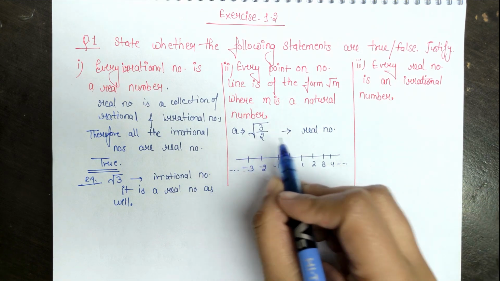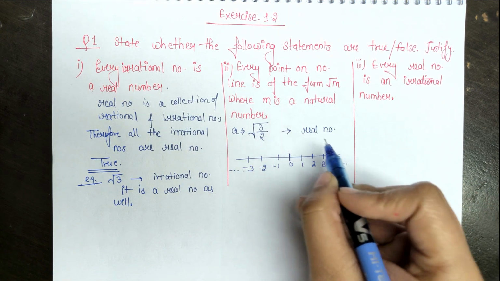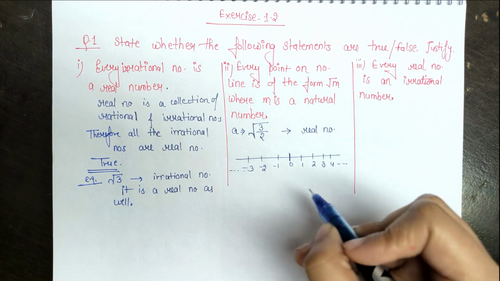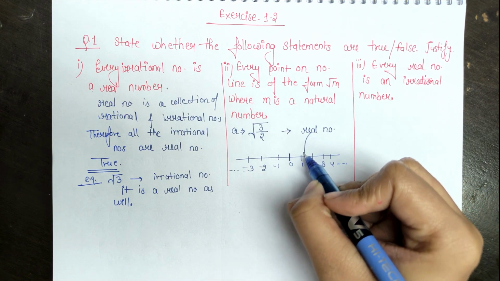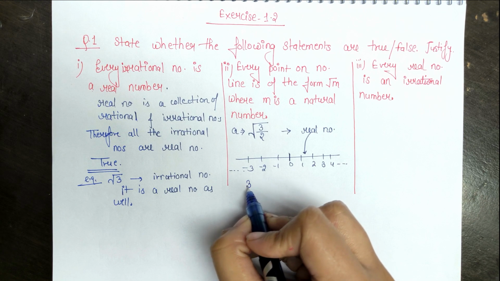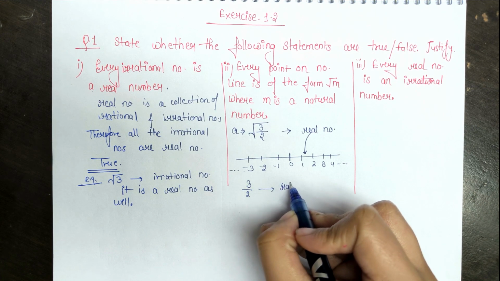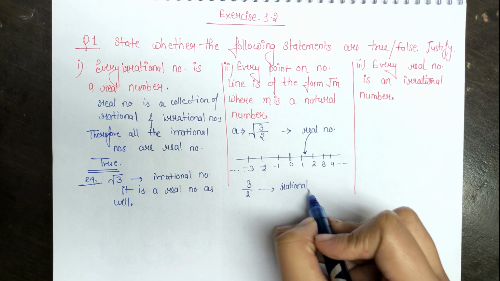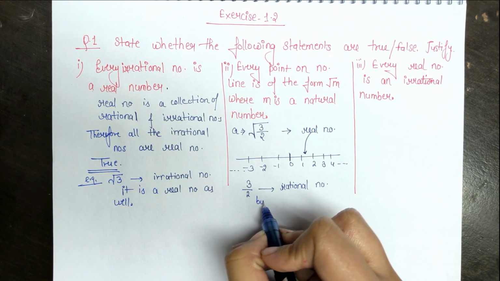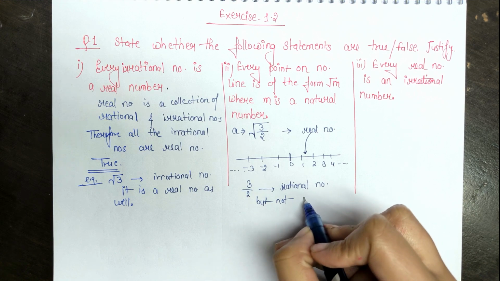So root 3 by 2, since it is a real number, will also be present on the number line, somewhere here. But 3 by 2 is a rational number, but not a natural number.